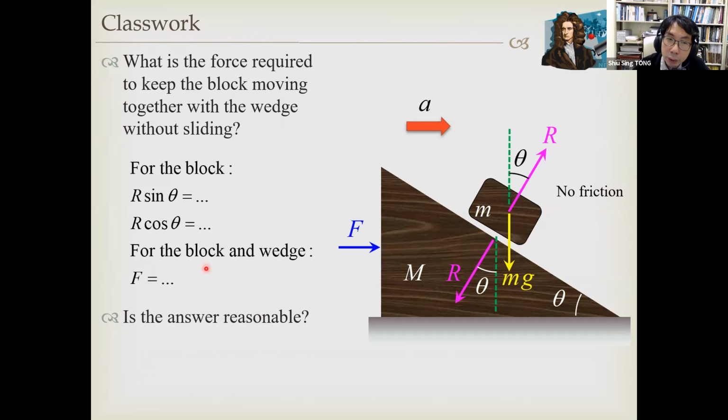At least you should be able to write down these two equations, right? It's not difficult.